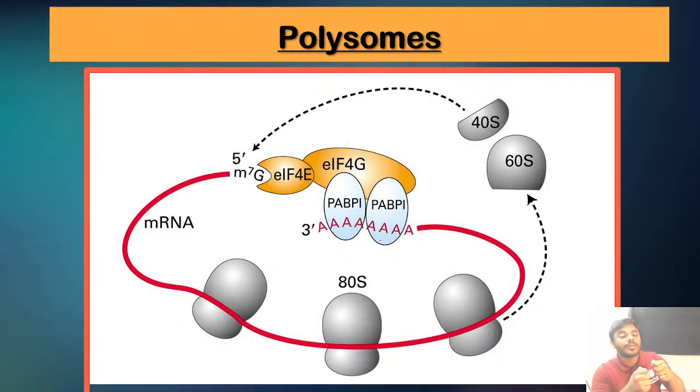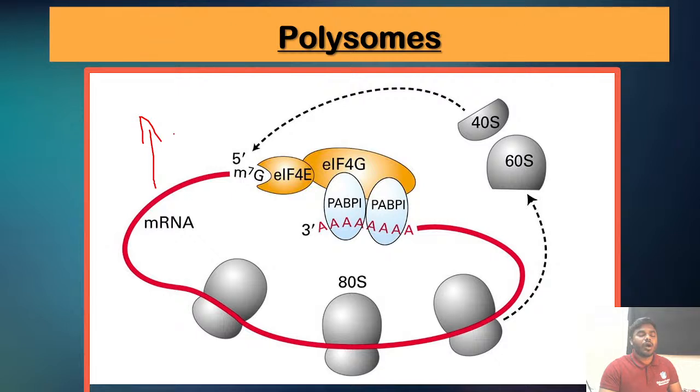The length of the polypeptide is very long. So friends, if one ribosome complex is present, it is not at all sufficient to synthesize the polypeptide. That is the reason, friends, in the eukaryotic organism, the mRNA is only one.